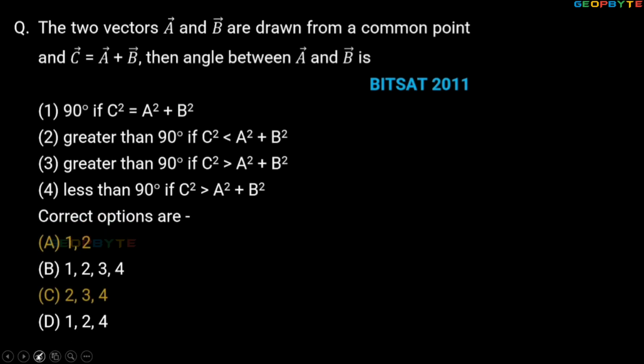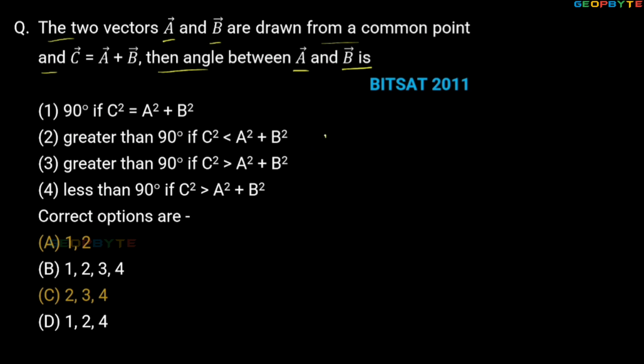Look at the screen. It is asking like this. The two vectors, vector A and vector B, are drawn from a common point and C bar is equal to A bar plus B bar. Then what is the angle between A bar and B bar?